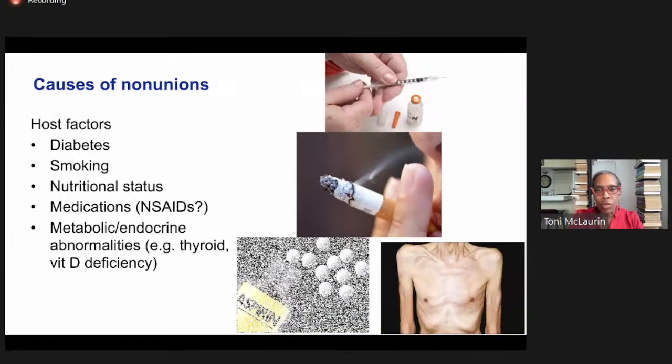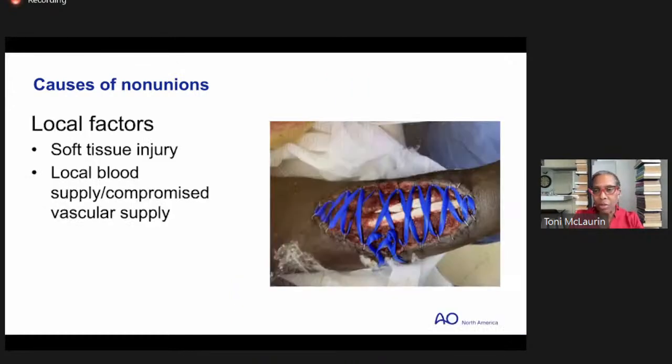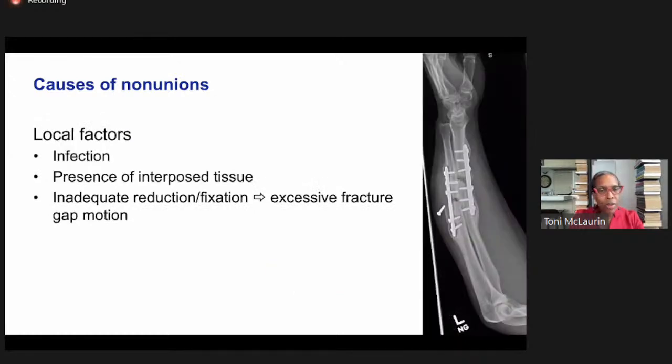So, of course, we have the host factors, the usual suspects: diabetes, any metabolic issues, NSAIDs, maybe not, probably not as big a deal as we think they are. Those are things that we can't really change. Also, local factors: nothing we can do about a soft tissue injury, the vascular supply of the local tissue, an infection, interposed tissue.